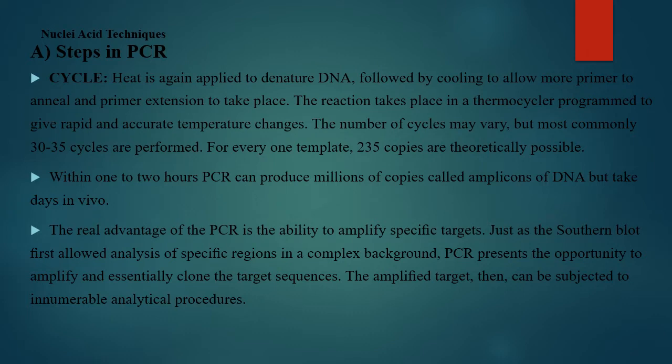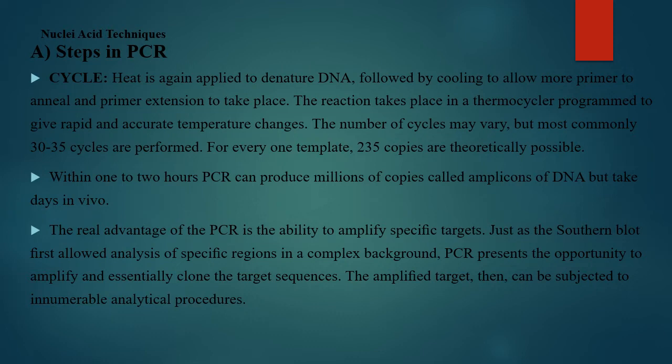We're talking about some 95 degrees Celsius, 40 to 70, and 72. In the PCR procedure, there's a change in heat. This is relevant, like I said earlier, in the PCR steps of denaturing, annealing, and then extending.